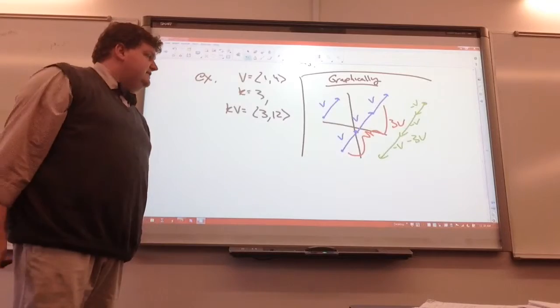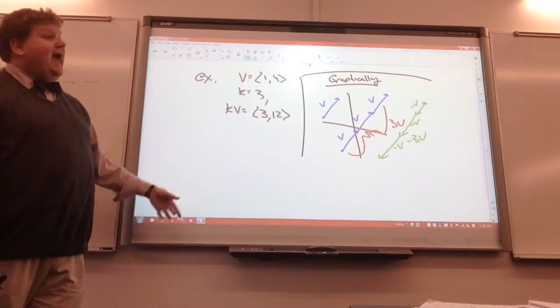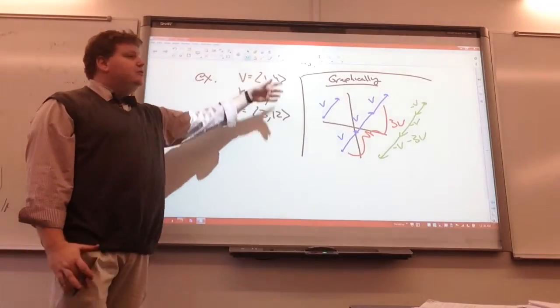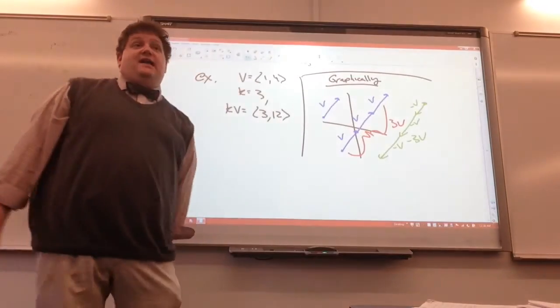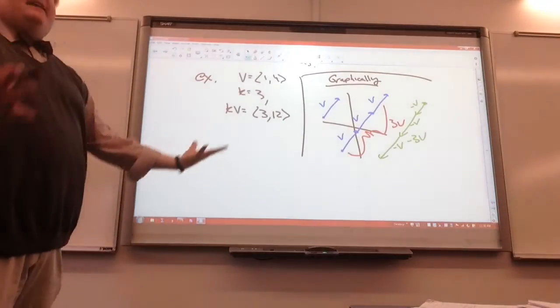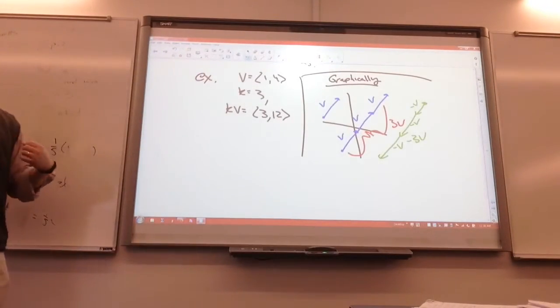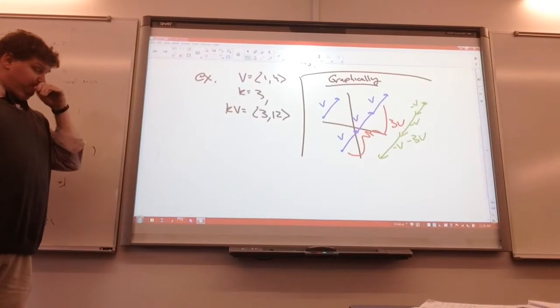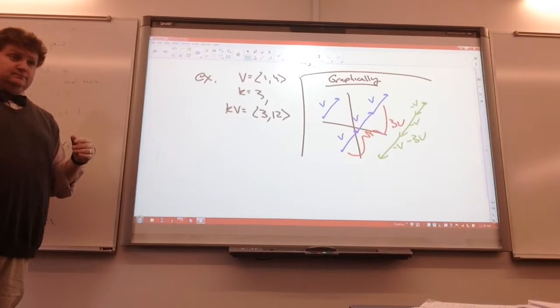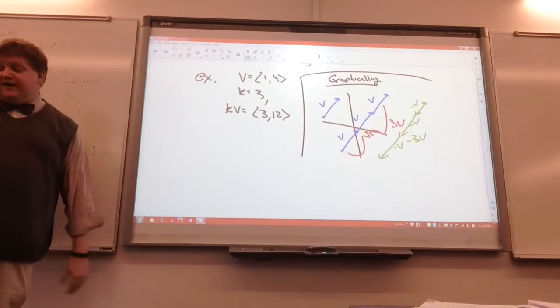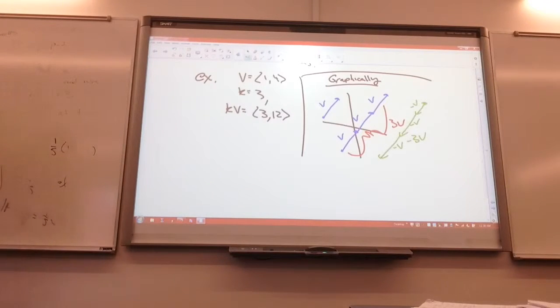If k was 1/2, my vector would be half the size. That's one of the nice things about vectors, they scale nicely that way. And a negative number would just flip the direction of the vector, and that allows you to draw your vector out nicely.